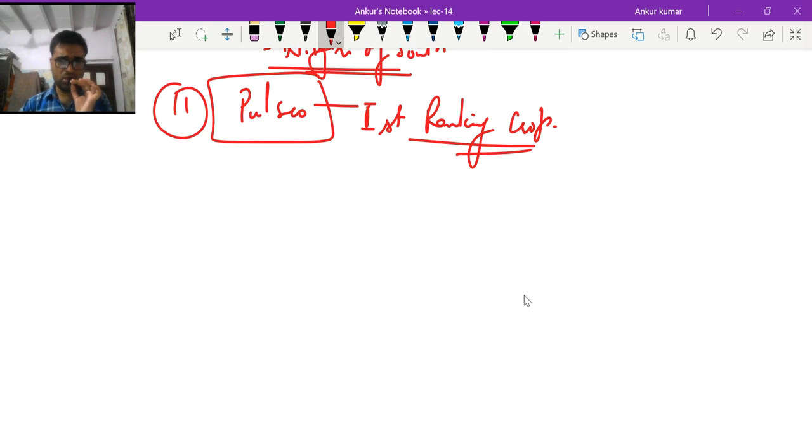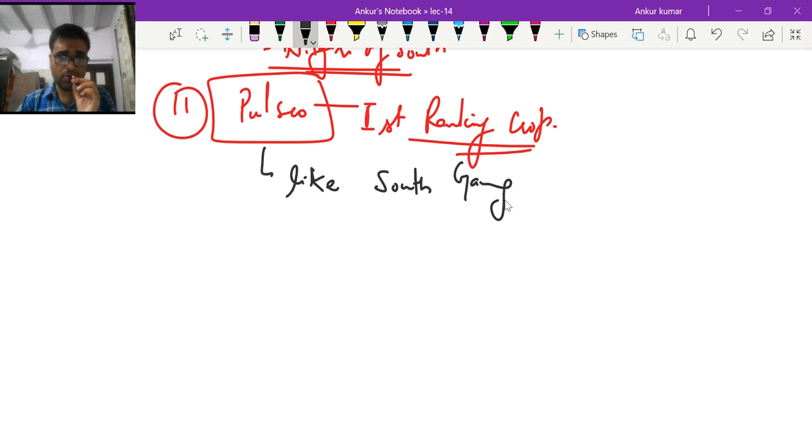So you cannot name a particular region, but some region broadly can be identified, like south of the Ganga Valley, South Ganga Valley, eastern Rajasthan.